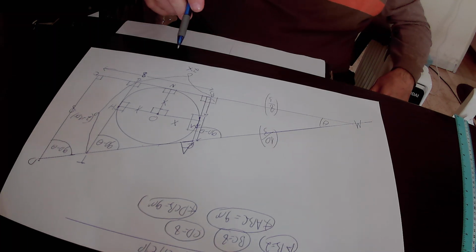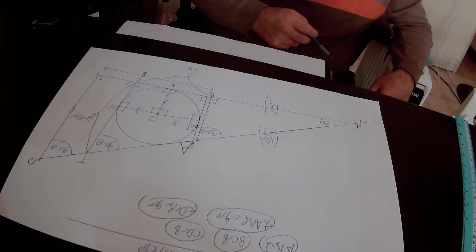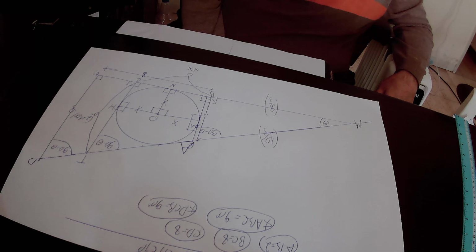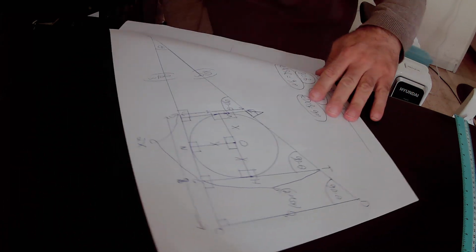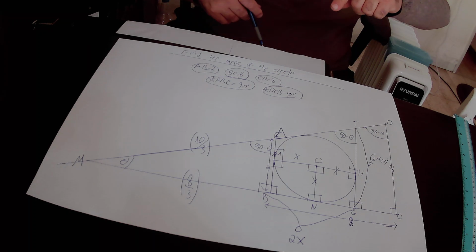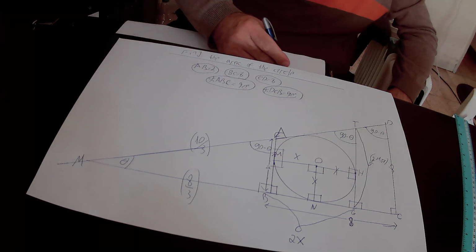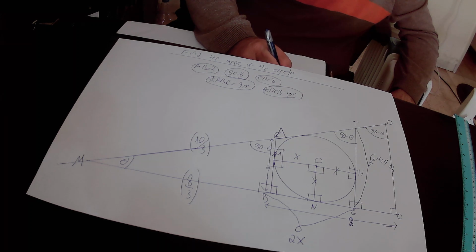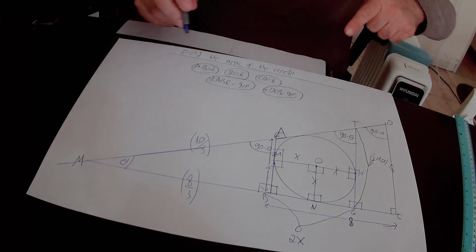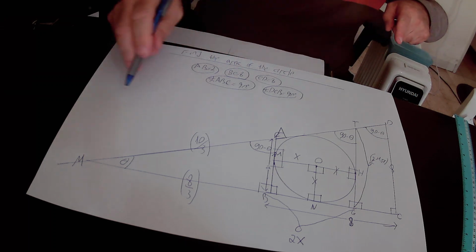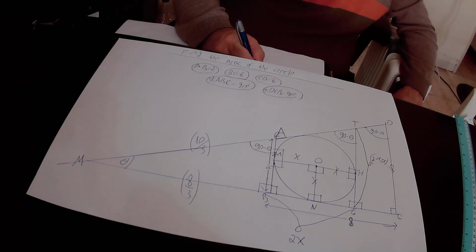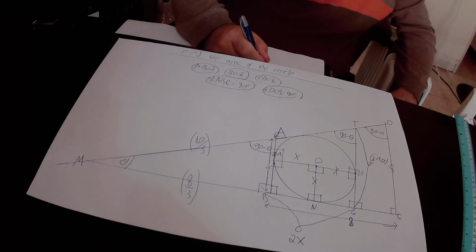Because the big right triangle TMG is similar to the small right triangle AMB, we conclude that a proportional relationship exists between their sides. We derive that MG in the big triangle over MB in the small triangle is equal to TM in the big triangle over AM in the small triangle.